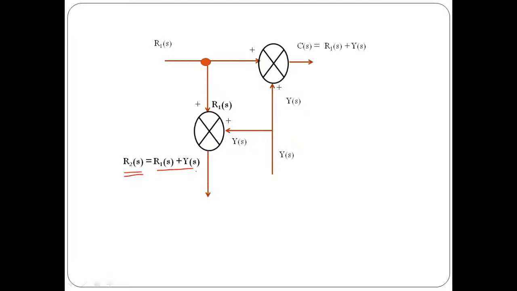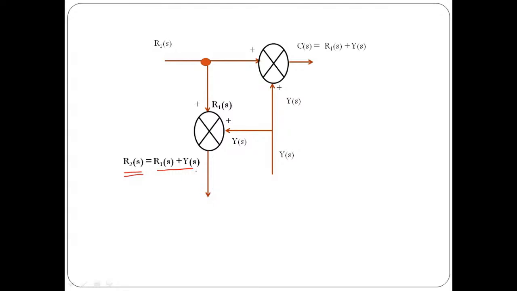So these are very complicated rules, but you should know how to apply them. That means what will happen when you shift a takeoff point after a summing point or before a summing point. So take your time, note down these points, and make a quick revision of the rules which we have learned so far in the block diagram reduction technique.